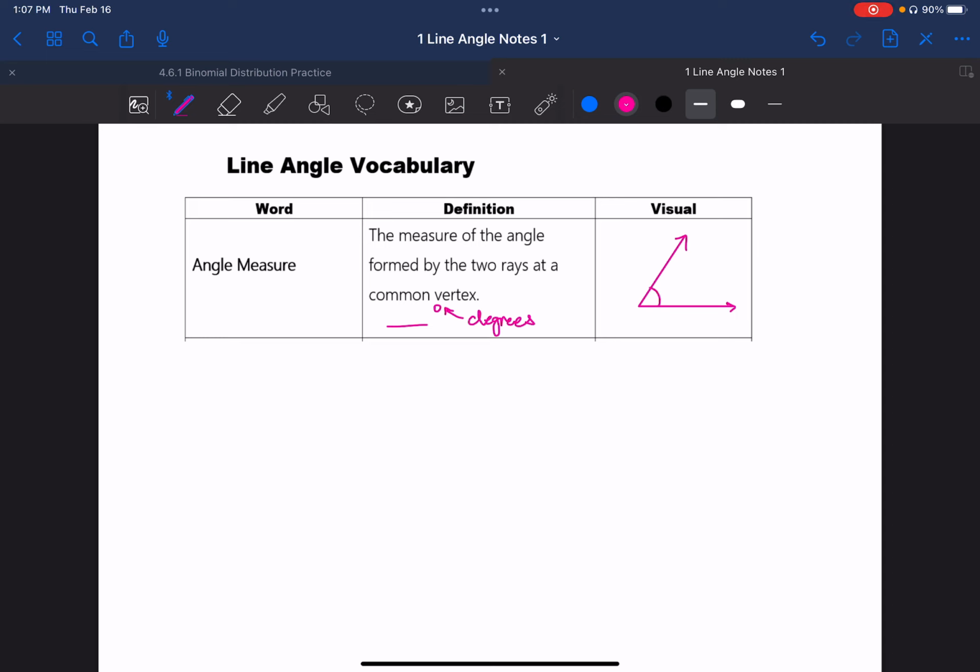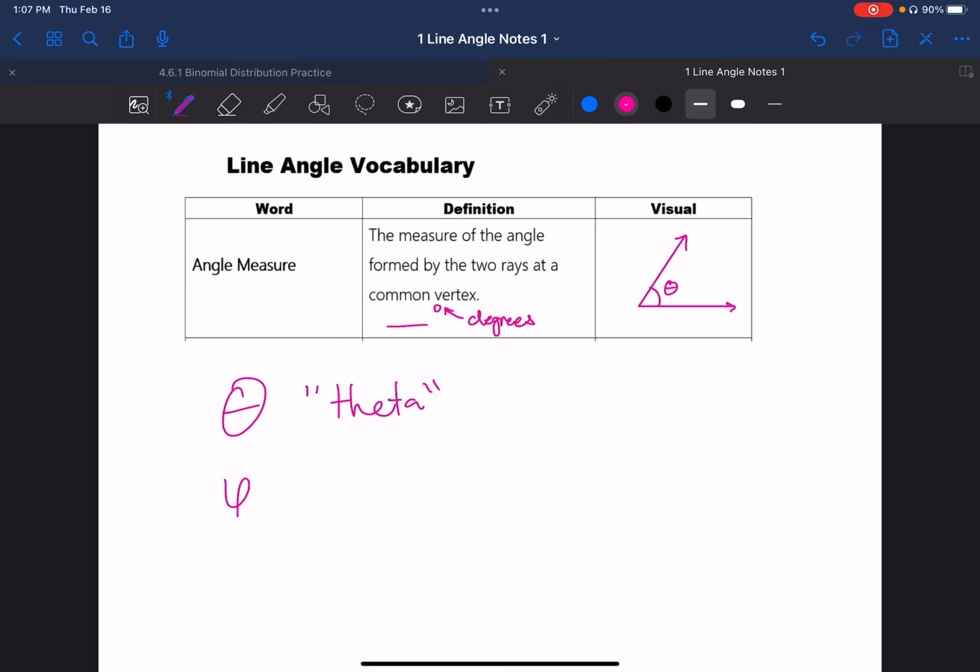We will often use the Greek letter theta here. That is theta. We use Greek letters a lot of times to describe angles, especially theta. Theta is usually an angle measure.